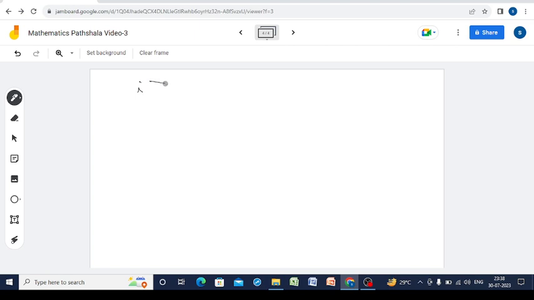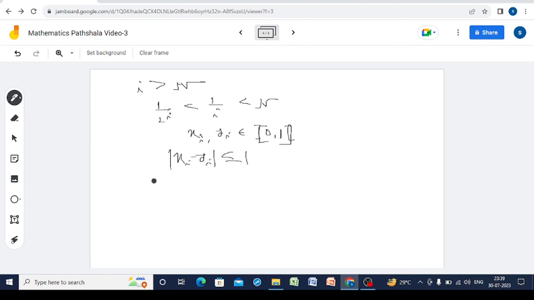So for all i greater than n, see 1 by 2 to the power i is less than 1 by i, less than 1 by n. And also, since these xi, yi are taken from the closed interval [0,1], all coordinates are taken from the closed interval [0,1], so our mod xi minus yi will be less than or equal to 1.